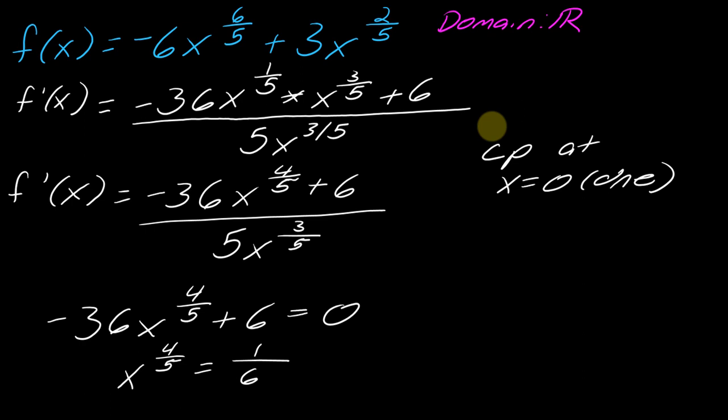That's how it would simplify. And now I've got to take each side, how do I get this by itself? I'm going to take each side to the 5 over 4, like so. You're going to have to get a calculator to help you with this.